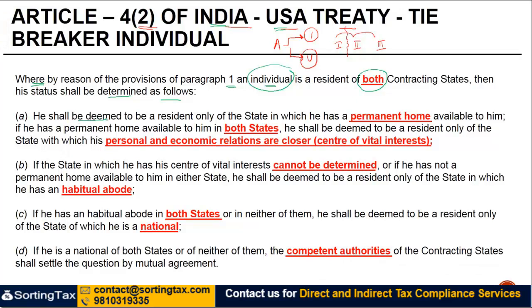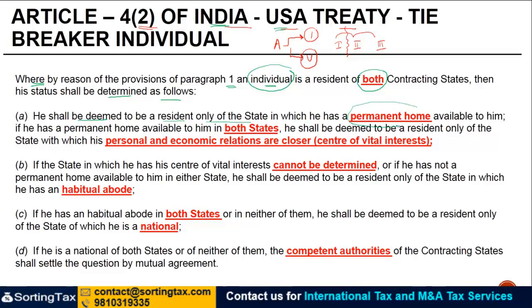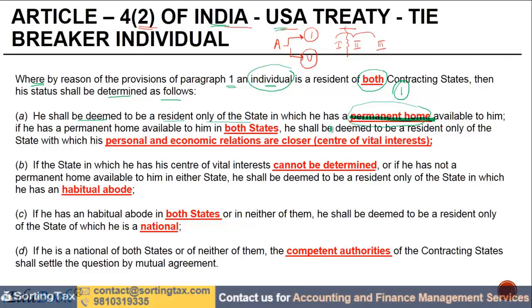He shall be deemed to be a resident only of the state in which he has a permanent home available to him. So the first criteria is where is the permanent home of this person available? If the permanent home is in India, he is a resident of India. If he has a permanent home in US, then he is a resident of US.